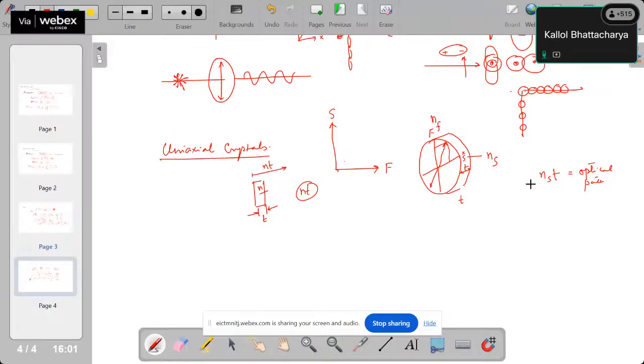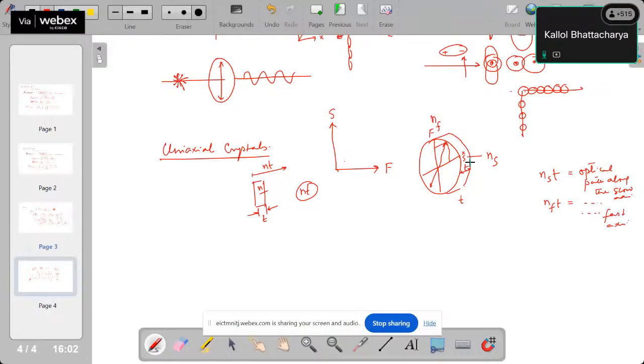So ns into t is the optical path along the slow axis, and nf into t is the optical path along the fast axis.